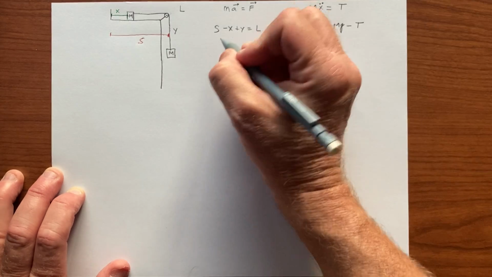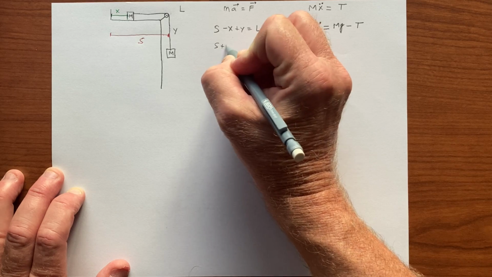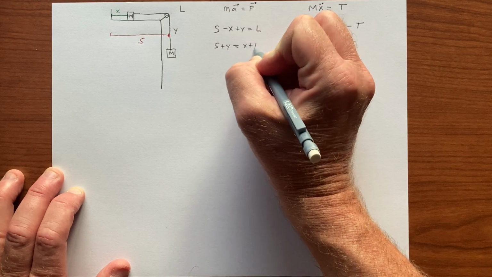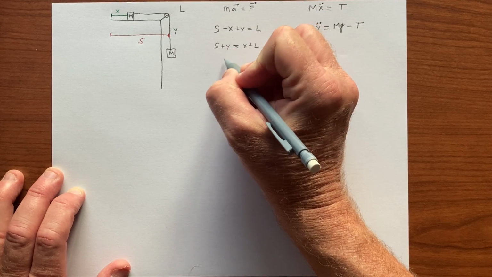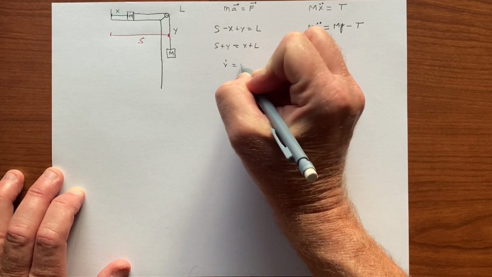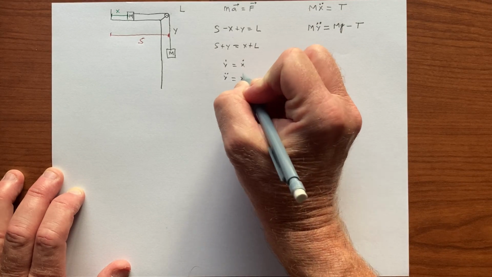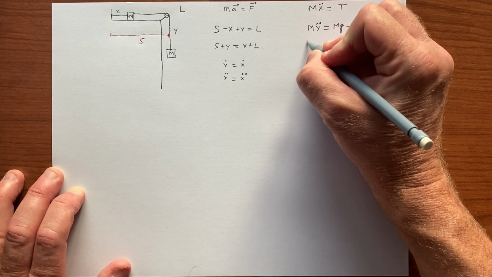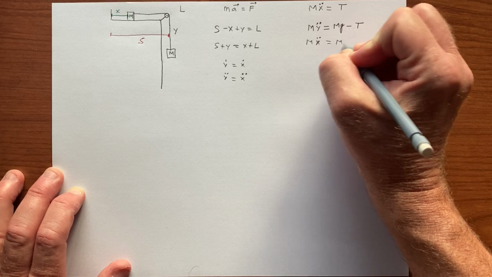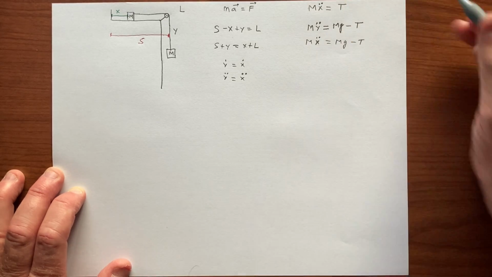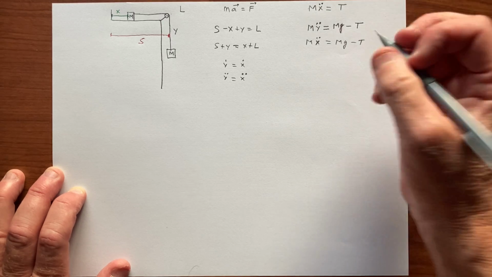So we can say that s plus y is equal to x plus L, and so when we take derivatives with respect to time, we get y dot equals x dot, and of course y double dot equals x double dot, so they're the same. So we can do it just in terms of x, and that's mg minus T, or maybe we can write these both in terms of y, but there's only one acceleration here.